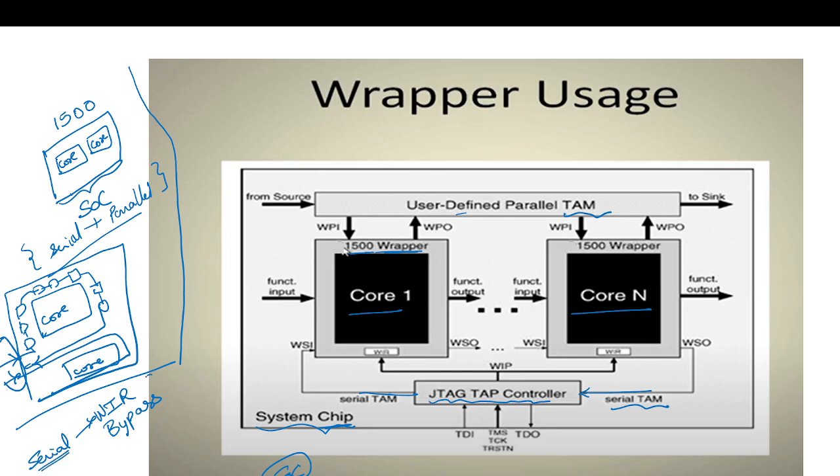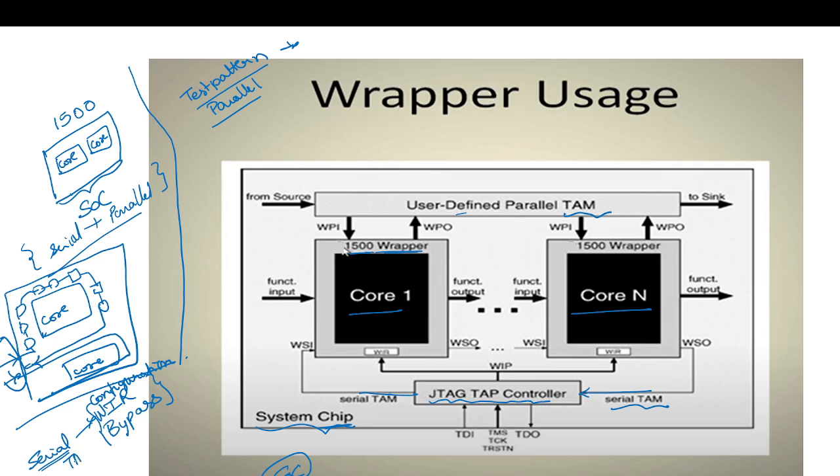Because once we have multiple cores, then the test pattern will be huge. So for applying the test pattern, we will generally use the parallel interface. The serial interface will be used only for configuring the instruction register or the bypass register.